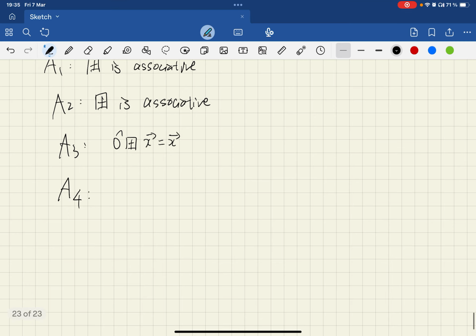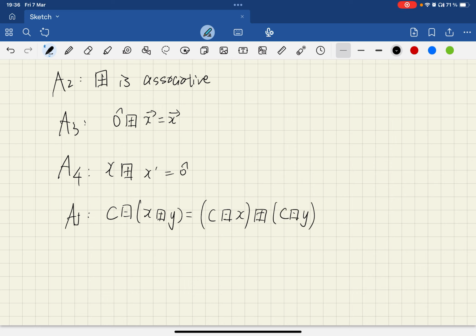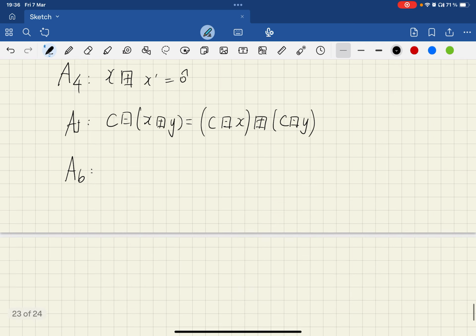Which you may think is quite familiar, because we have seen them all in the definition of a field.